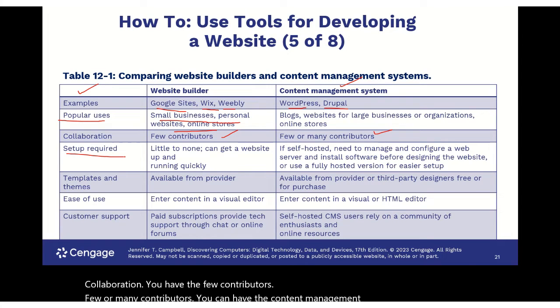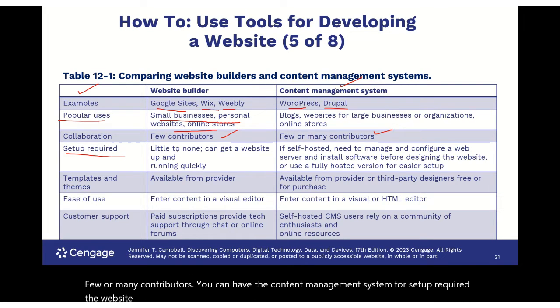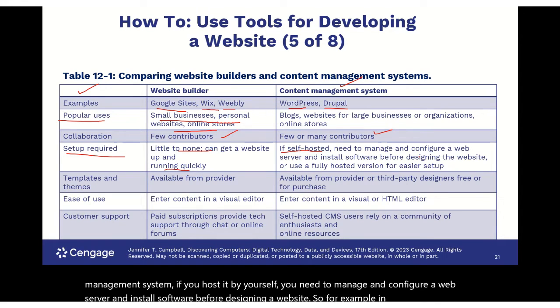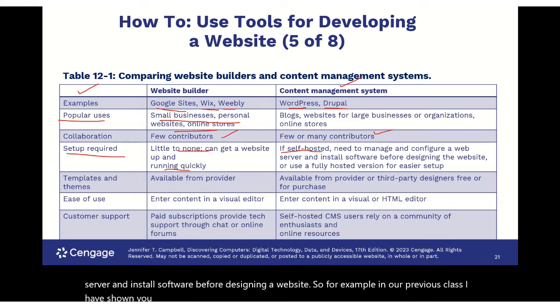Collaboration: with a content management system you can have few or many contributors. For setup required, with the website builder you don't need any setup practically. It runs quickly. But for the content management system, if you host it by yourself, you need to manage and configure a web server and install software before designing a website. So for example, in our previous class, I showed you how to install the XAMPP server.